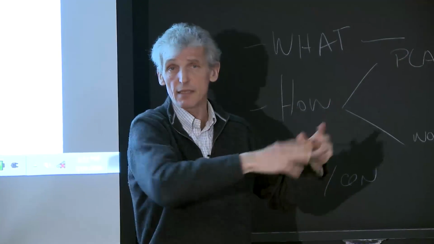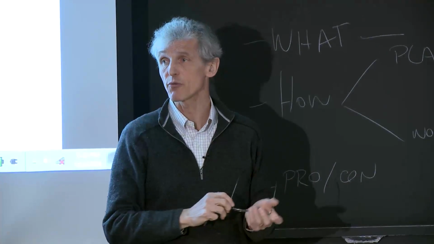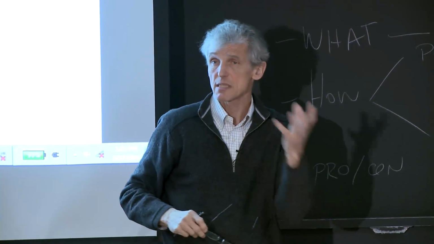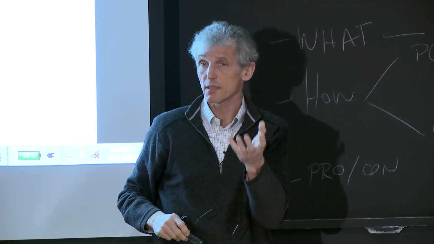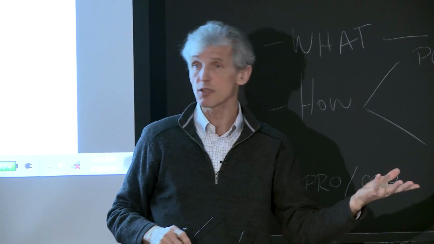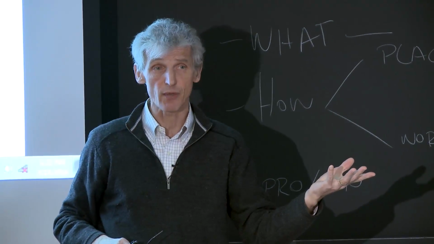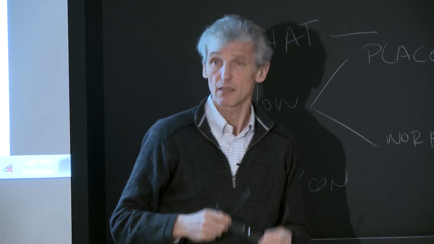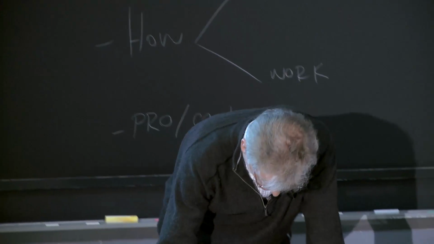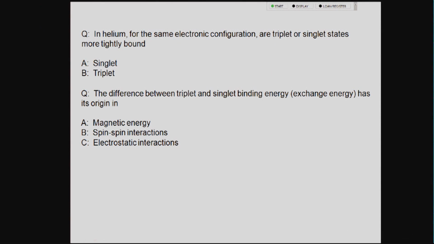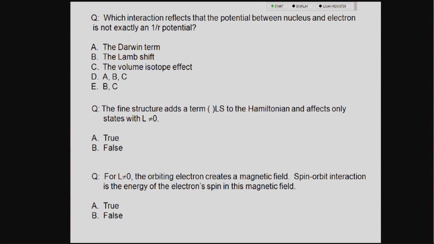The symmetric and the antisymmetric spatial wave functions have a different Coulomb energy. So the spin, through antisymmetry and the Pauli exclusion principle, determines the symmetry of the electronic wave function, and it is then purely the Coulomb energy. That's why the singlet-triplet splitting is so big: it's not magnetic, it's Coulomb in origin. Okay, next question.